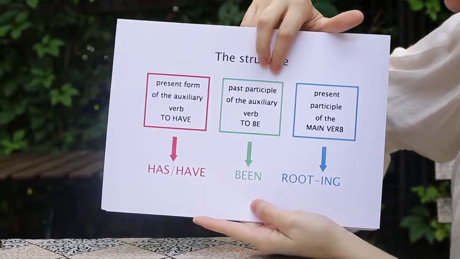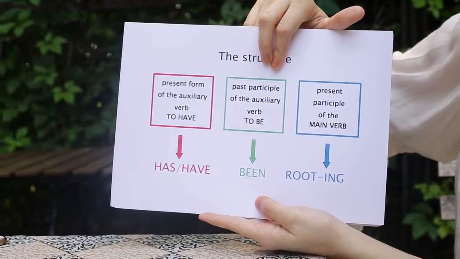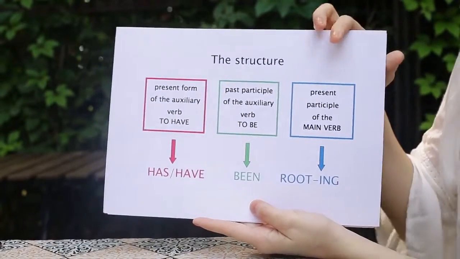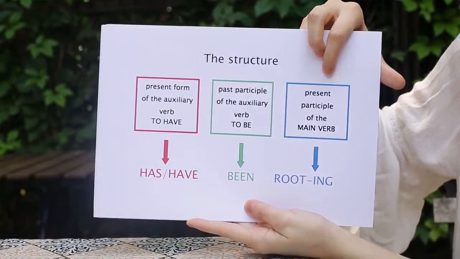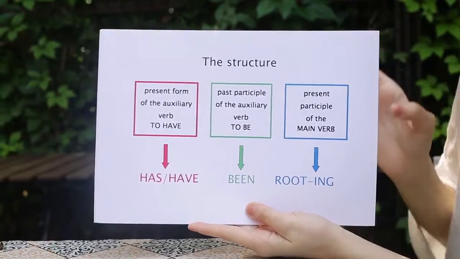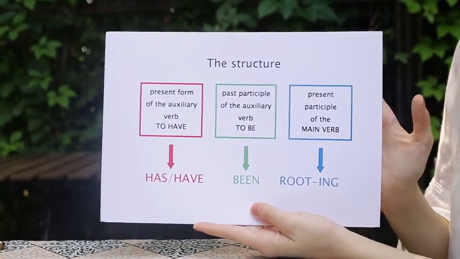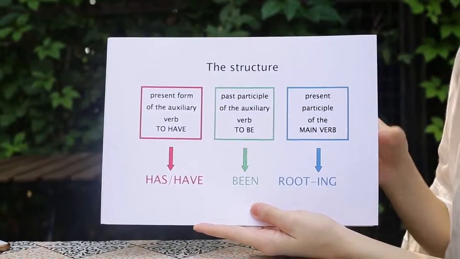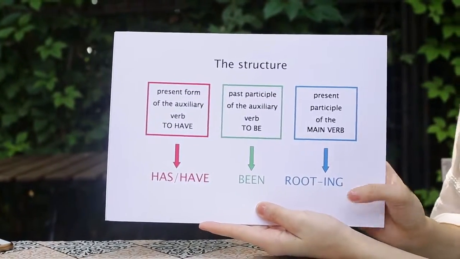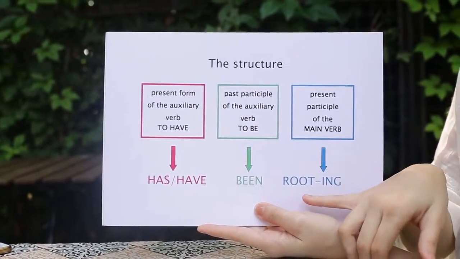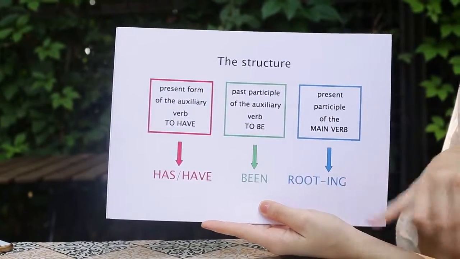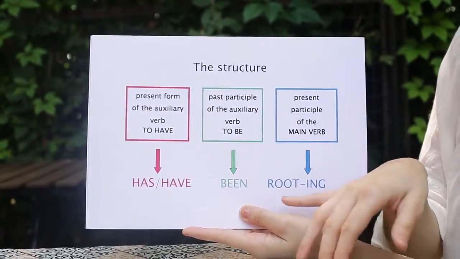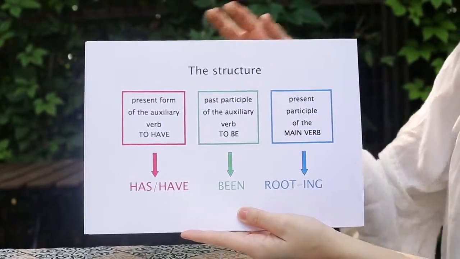Then we need the past participle of the auxiliary verb to be, that is been, and as the third component we need the present participle of the main verb. The main verb is the verb that explains the action that is going on in the sentence. We build it from the root of the verb, adding -ing. So it's cooking, reading, running, walking, singing, etc.